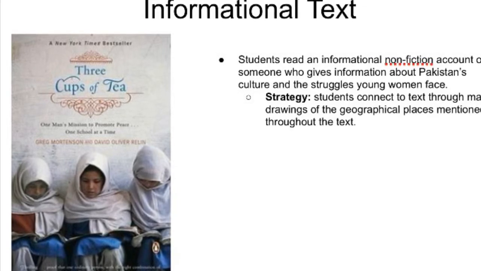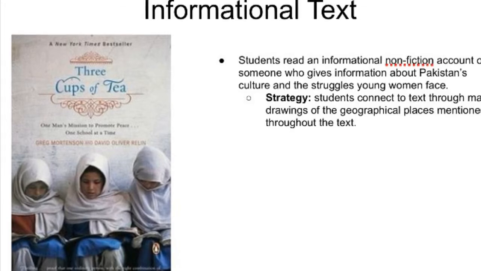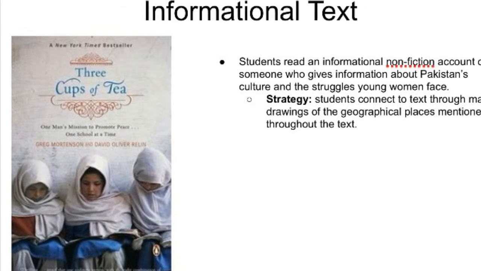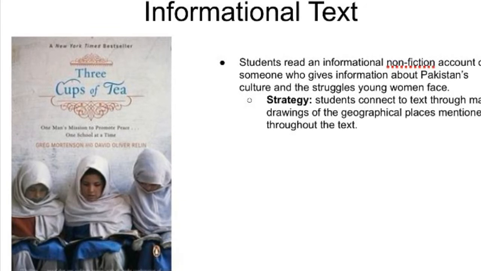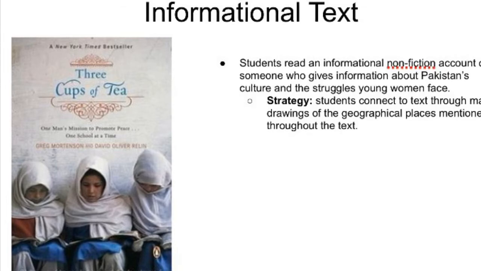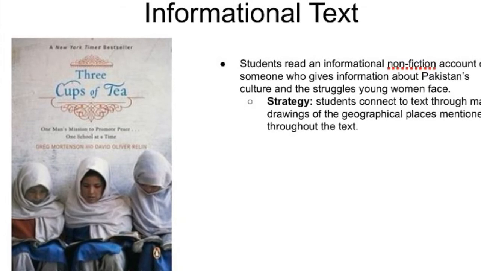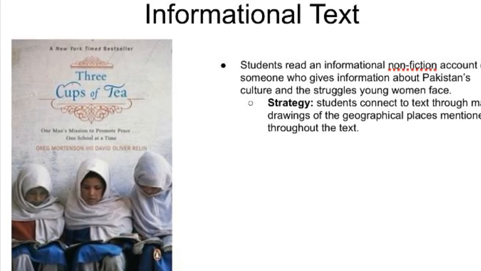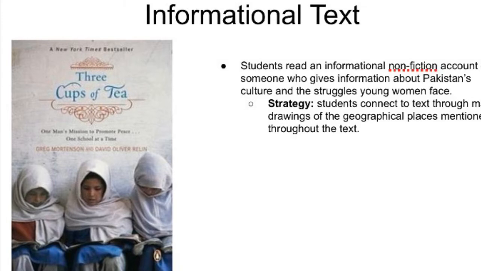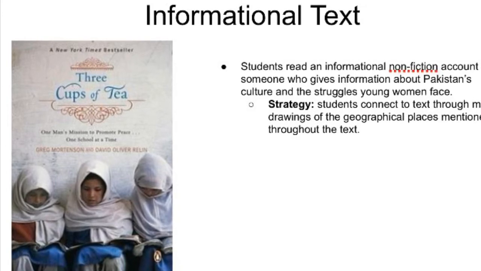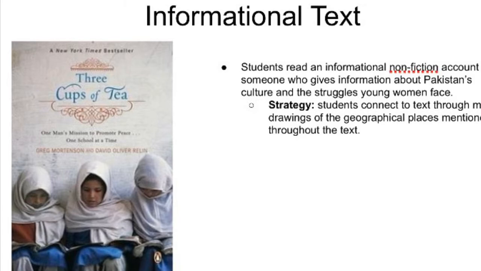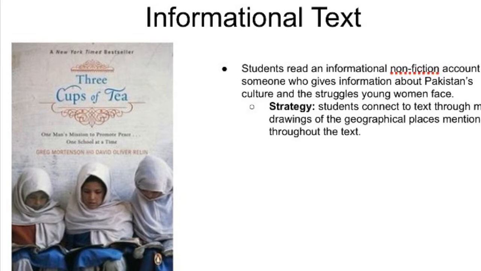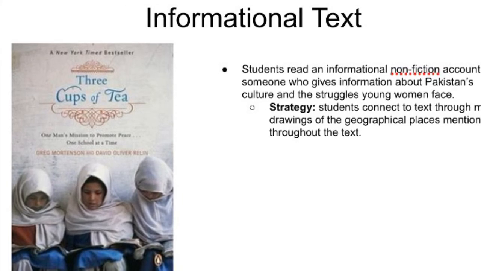A strategy that can be applied to students reading this text, that can be paired as they read it and can be done in their journals or as a separate activity, is that they can complete a map of the geographic locations that are mentioned within this text. And this is, again, going back to that Common Core standard about seeing the geographical locations of places in the Eastern Hemisphere.